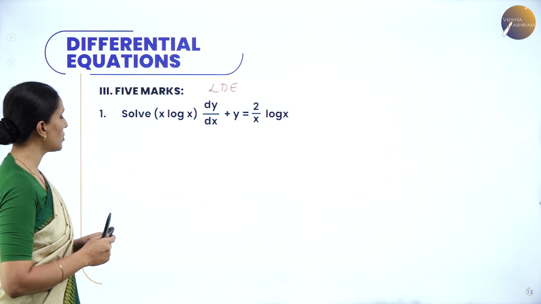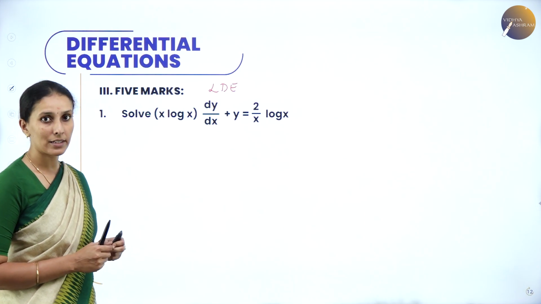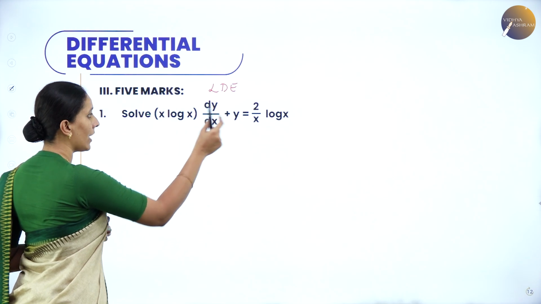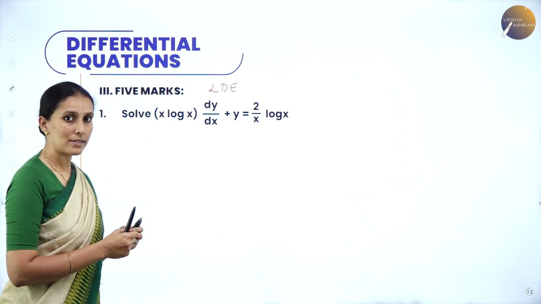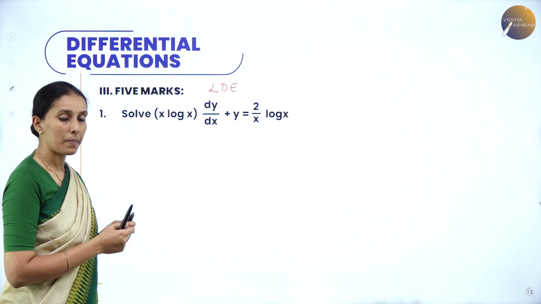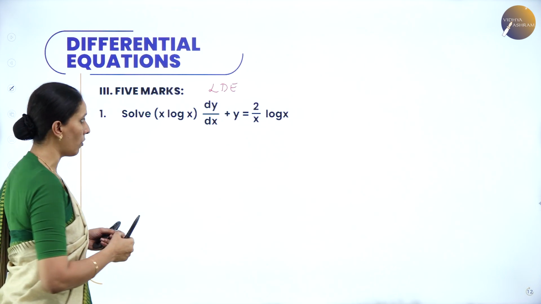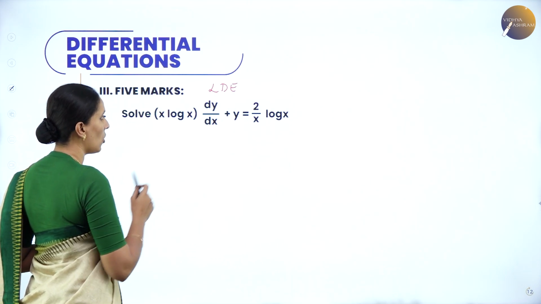Now we have to solve x log x dy/dx + y = 2/(x log x). I need this in any one of the standard forms, either dy/dx + Py = Q form, or dx/dy + Px = Q form. So now I'll divide the equation by x log x.